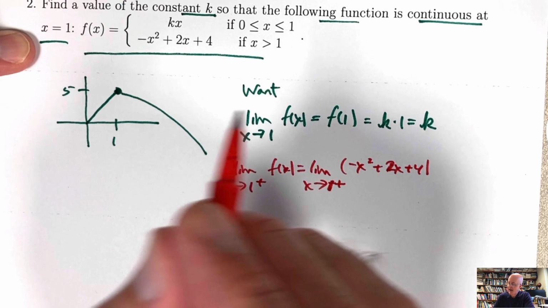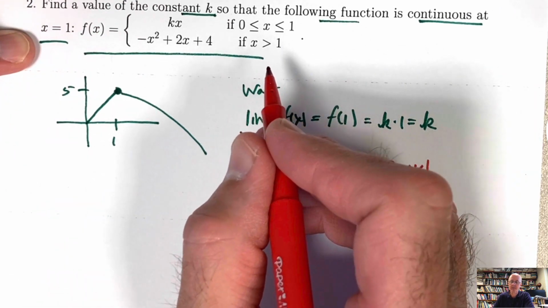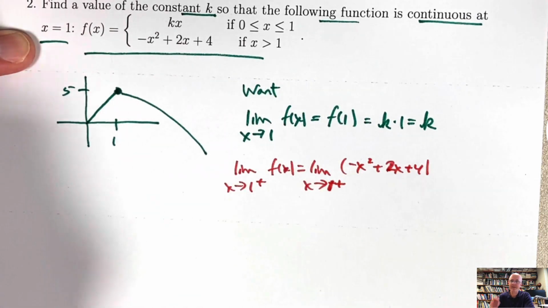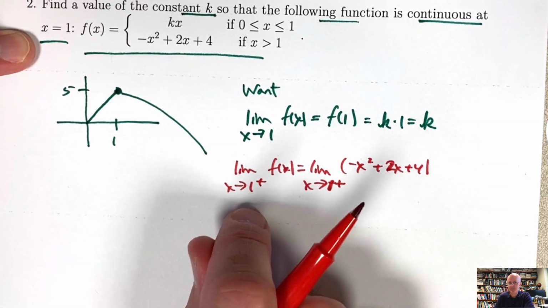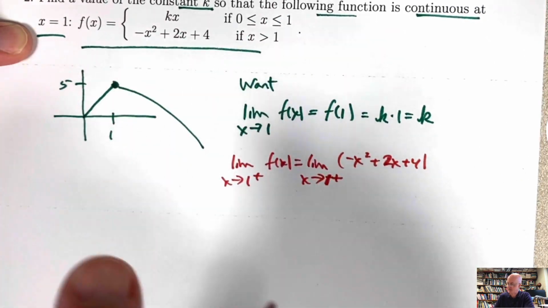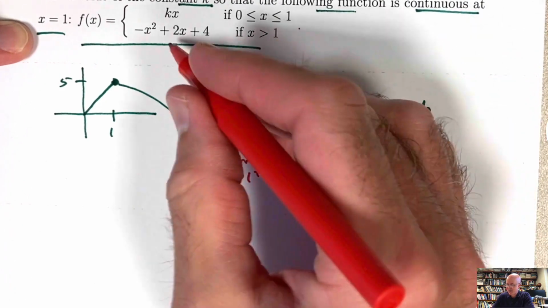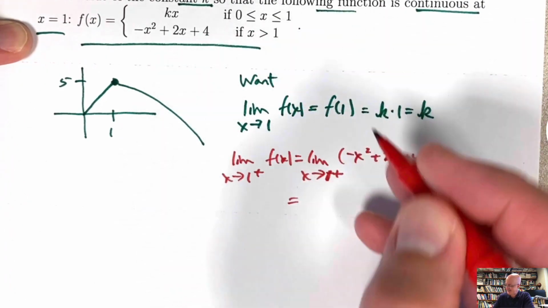And it doesn't matter that 1 is not included in that interval. Remember, with limits, it really doesn't matter what happens at the value that you are letting x approach, in this case 1. I still use this formula. I can still find this limit, even though this formula is not relevant when x equals 1.